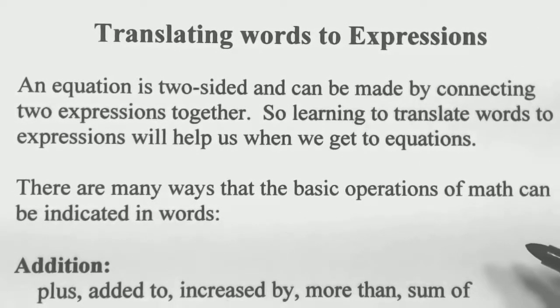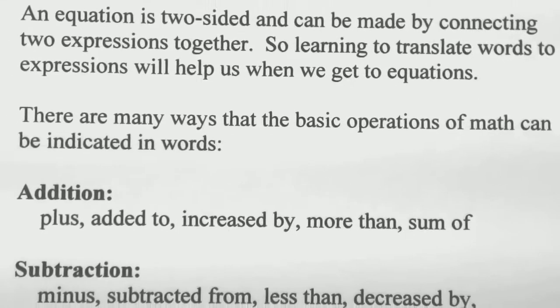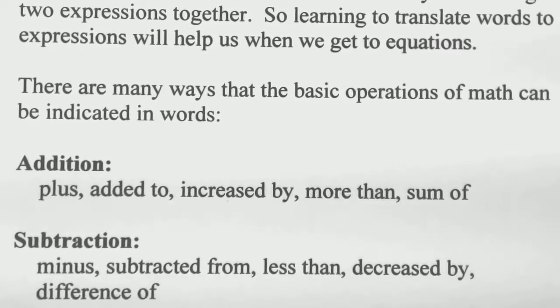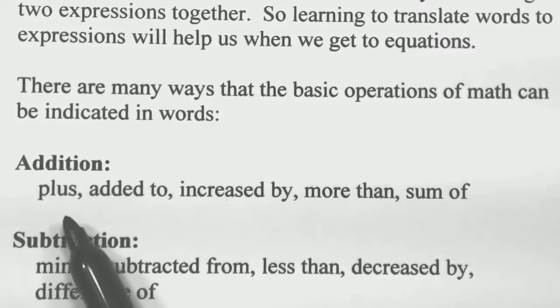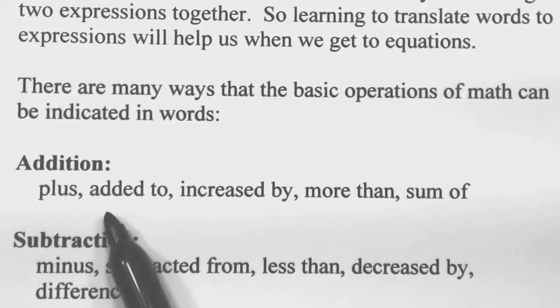But first thing we have to do is take a look at common words that are used to indicate the basic math operations. The list we're going to look at here is by no means all the possible words that can be used, but these are some of the more common ones. For instance, for addition, you won't see plus too often, or added to.